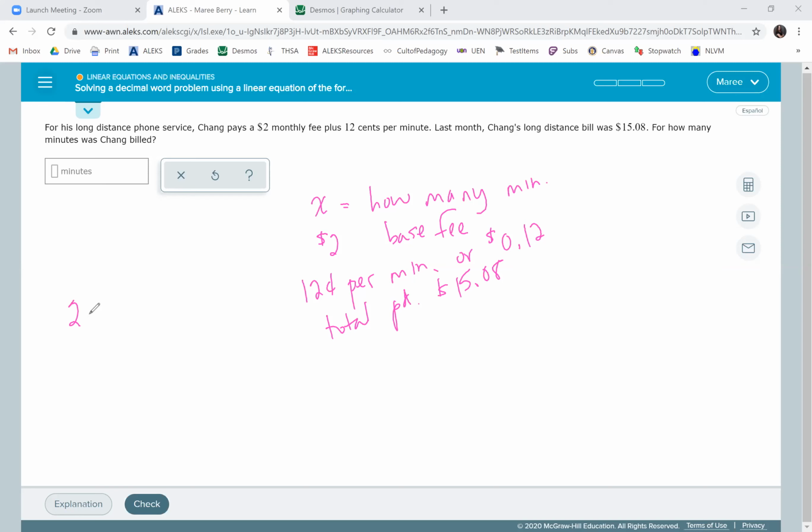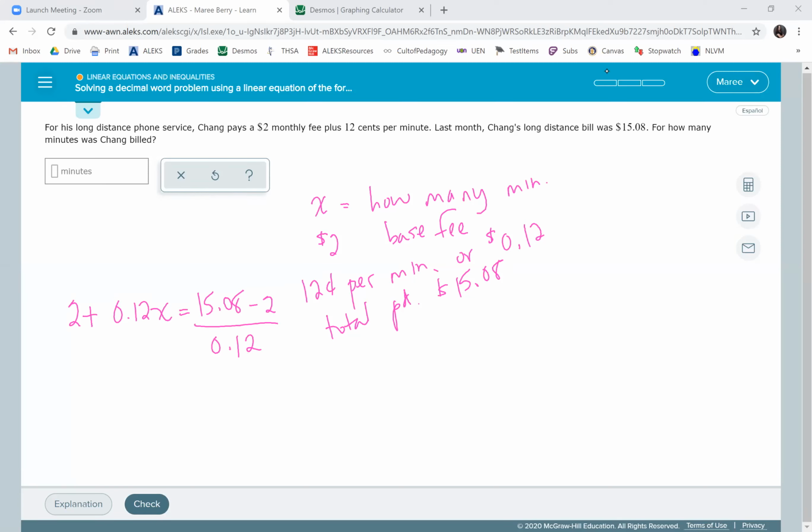So we're going to write an equation just like in the example. So we have $2 plus, if it's 12 cents a minute, we have to do 12 cents times every minute, and then the total was $15.08. So we're going to subtract 2, and then we're going to take that answer and divide by 12 hundredths.